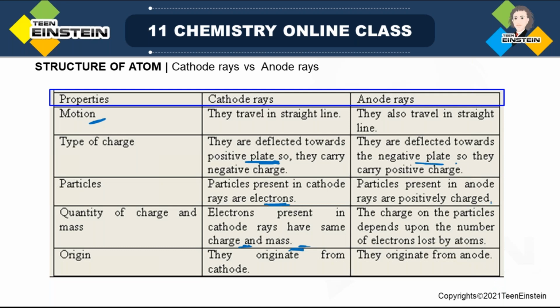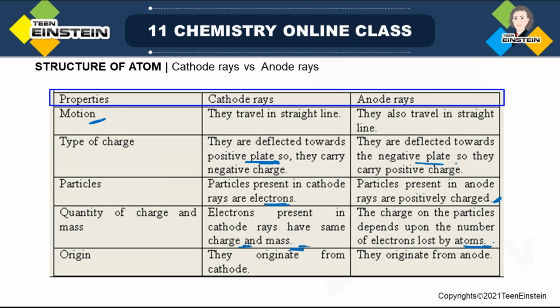So basically, though I said that previously it is actually protons, exactly you cannot say it is protons, because when we consider protons, there is some fixed mass and charge. Fine, but here that is not the case. So better you say anode rays are a beam of positively charged particles, because the charge on the particles depends on the number of electrons lost by the atoms.